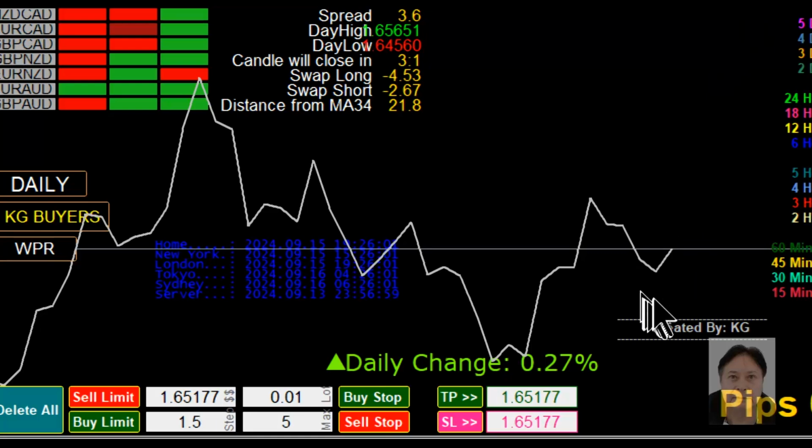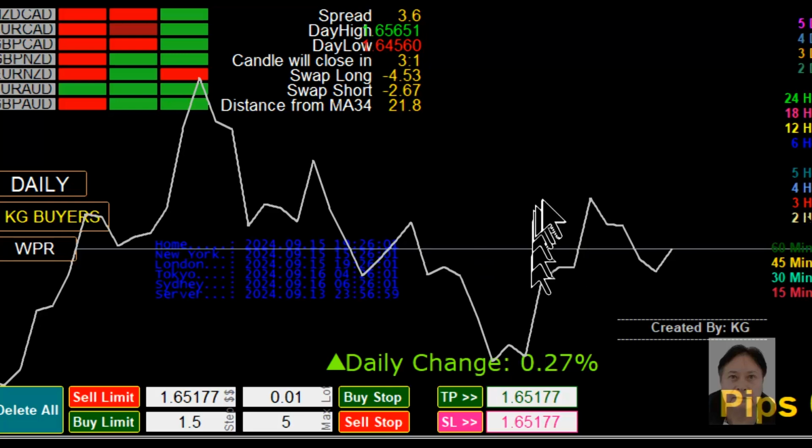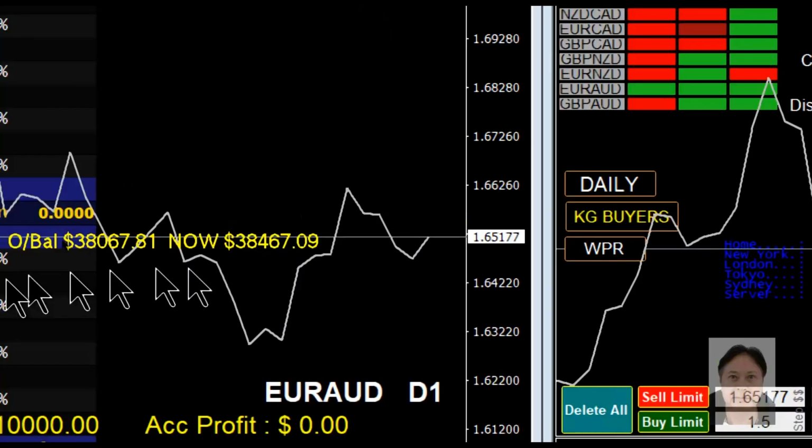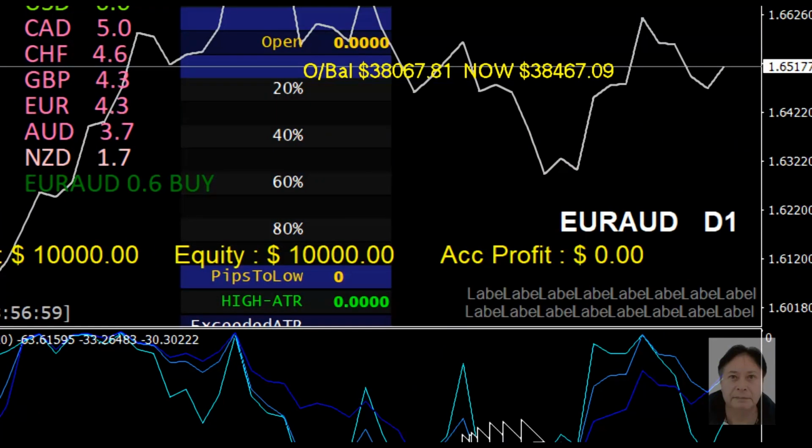But this gives me an opportunity to explain the indicators in relation to the trend line here, the market line. The market line is a trend line. You don't need another trend line to be quite honest. So it's all showing up. It's an uptrend.